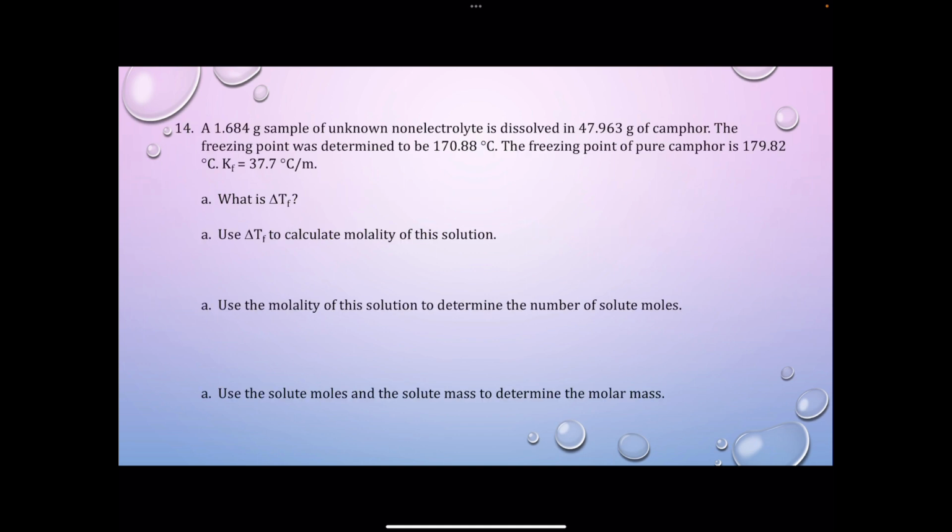We've got a 1.684 gram sample of unknown non-electrolyte, and it's dissolved in 47.963 grams of camphor. The freezing point was determined to be 170.88 degrees Celsius. The freezing point of pure camphor is 179.82 degrees Celsius.